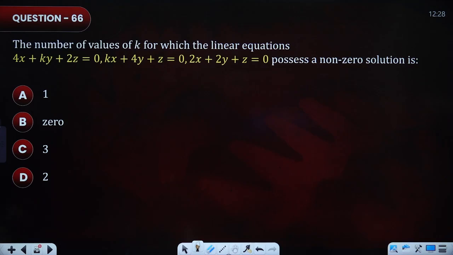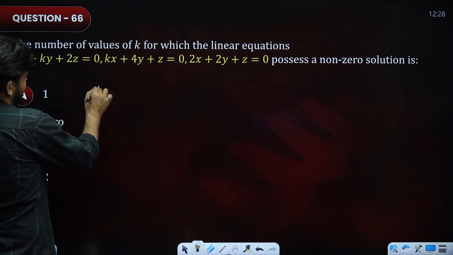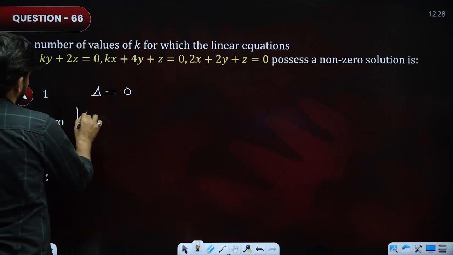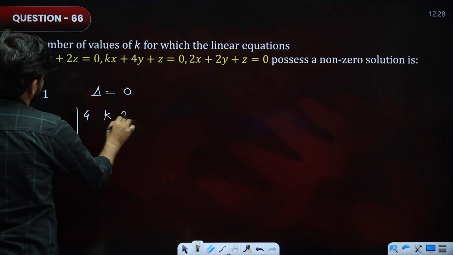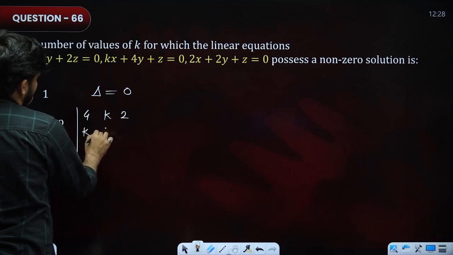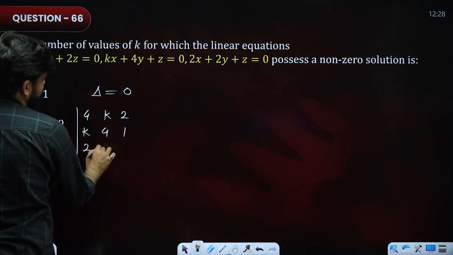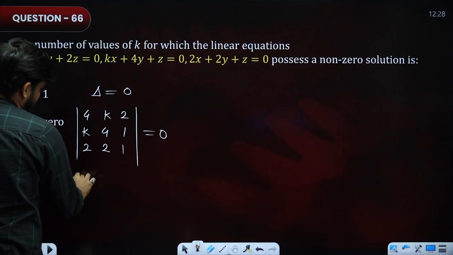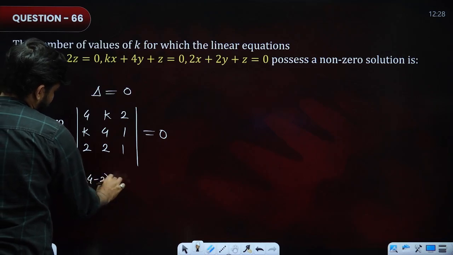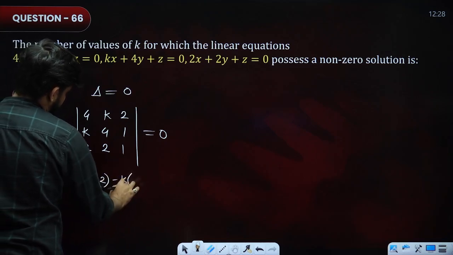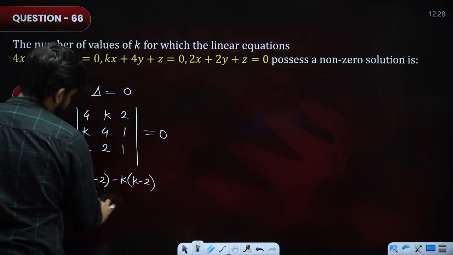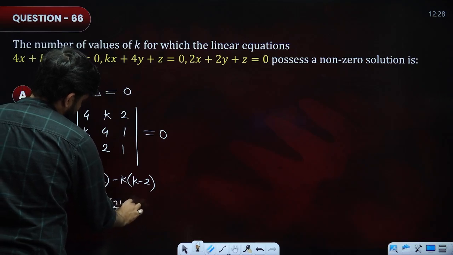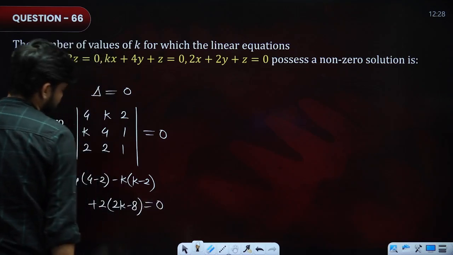So we just need to take delta equals to 0 for that condition. So we have the determinant equals to 0. 4 into 4 minus 2, minus k into k minus 2, plus 2 into 2k minus 8 equals to 0.